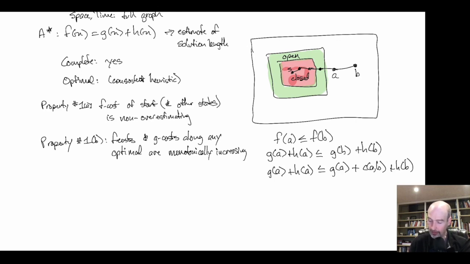And then we see that we have G of A on both sides. So I can say H of A has to be less than or equal to H of B plus the cost going from A to B. And this is exactly the definition of consistency.